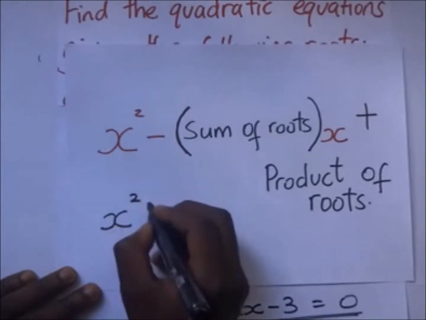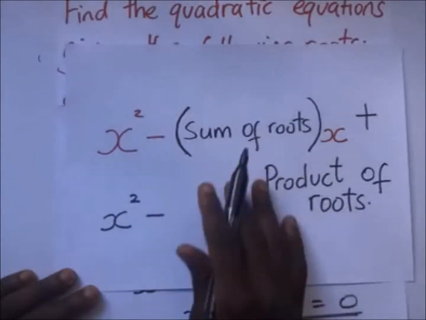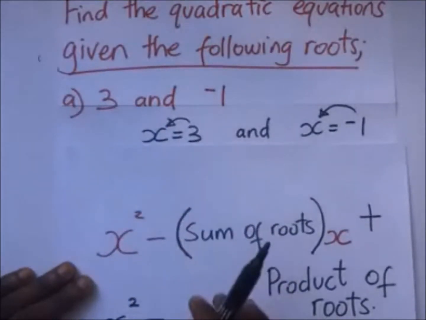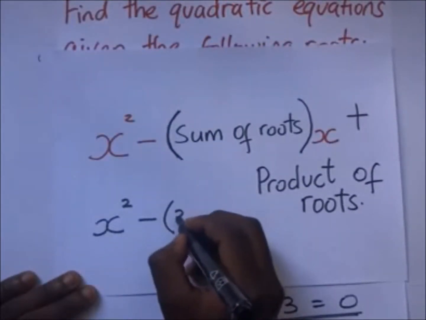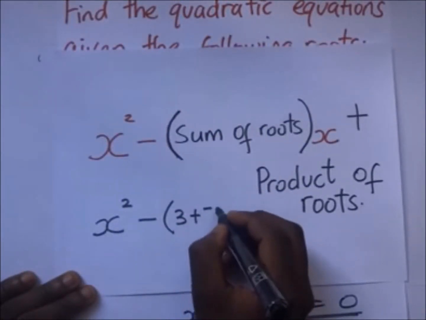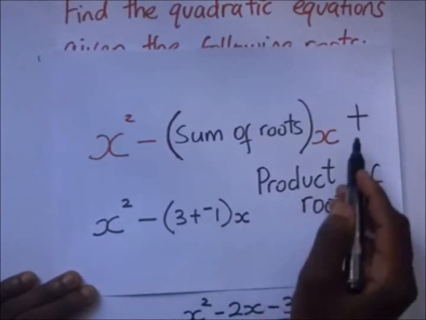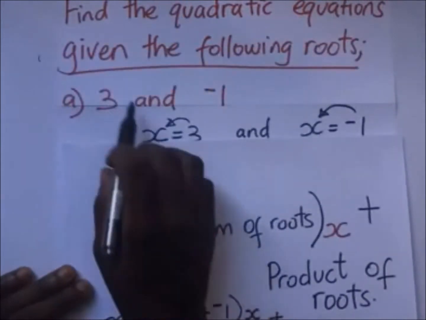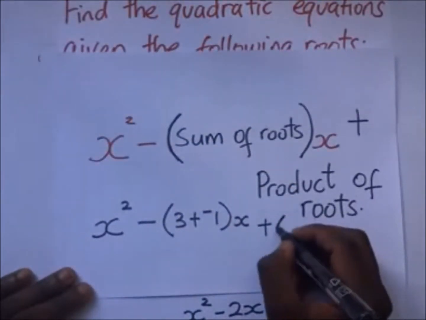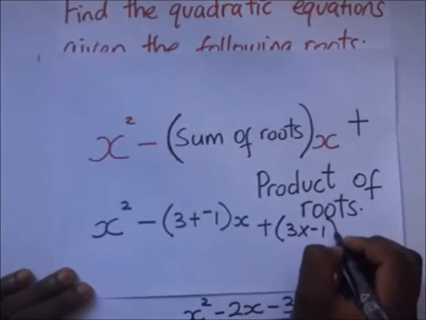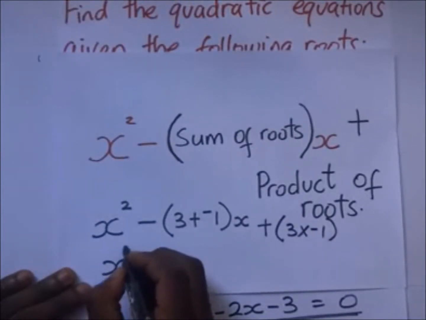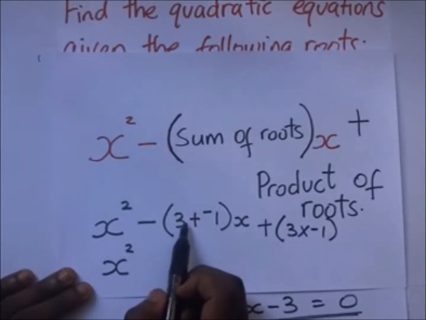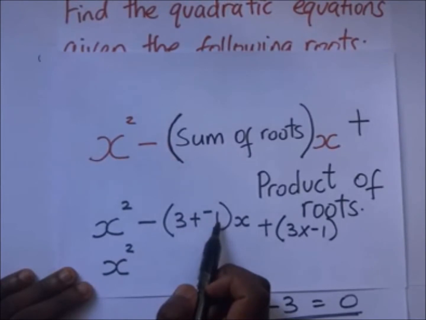It's going to be x squared minus the sum of roots. The sum of the roots is 3 plus negative 1. So it's minus 3 plus negative 1, x, then plus the product of the roots, which is 3 times negative 1. So you end up with x squared. Then 3 plus negative 1 is going to give us 2.